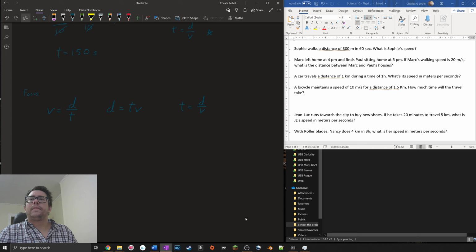This is the formula for velocity, or I say speed. I think it's going to be cool if I say velocity. This is the formula for distance.